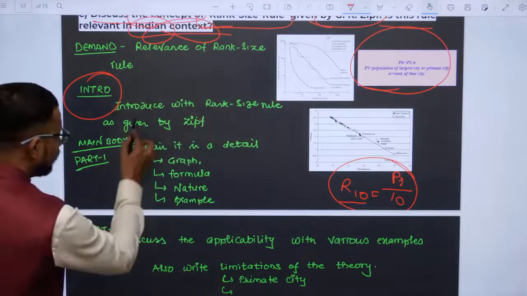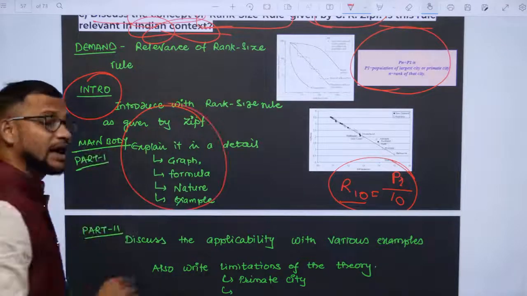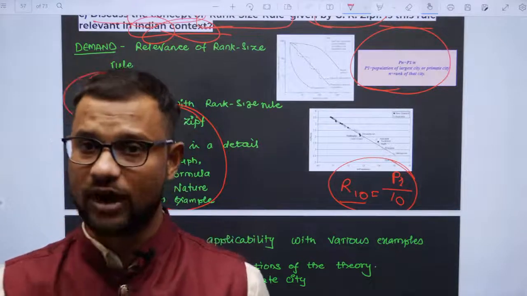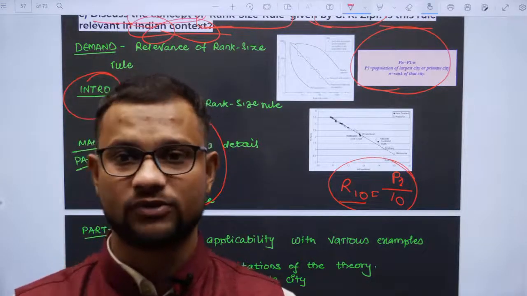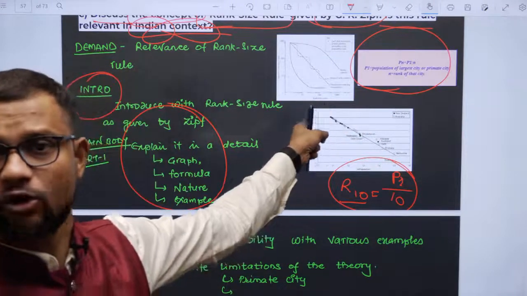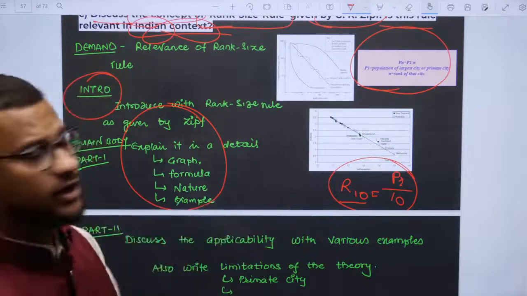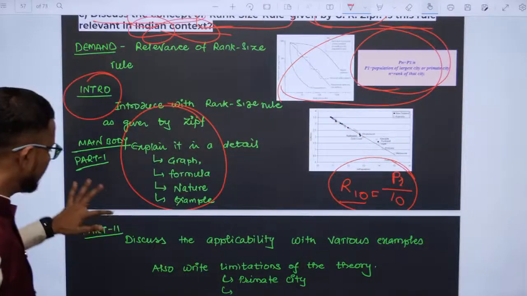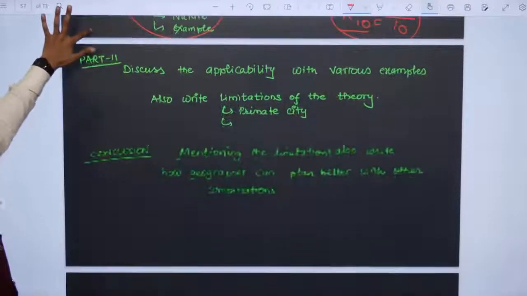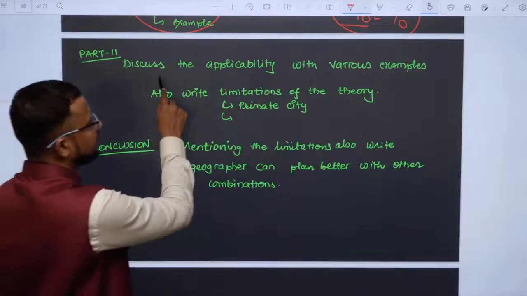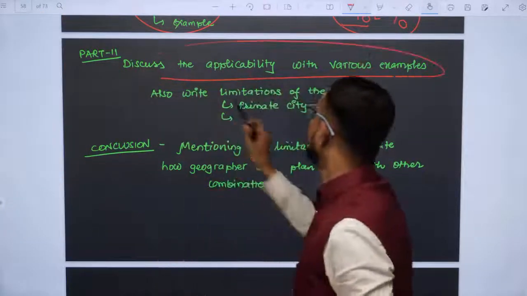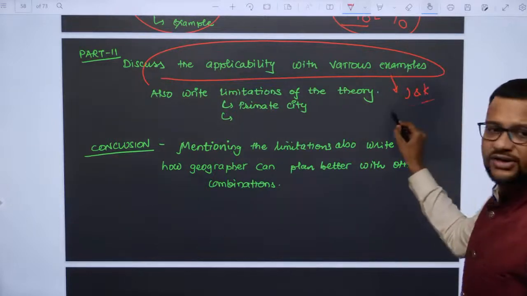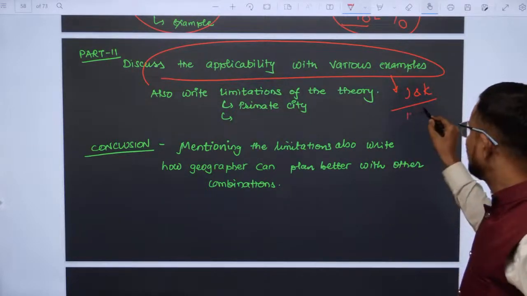So in order to check its applicability, you need to explain in your answer the core concept of Zipf. Draw that graph, draw a diagram also, it will make the understanding clearer. Write this equation also, and then discuss its applicability. You will find it is applicable in small regions in India: Jammu and Kashmir, some parts of the northeastern region.